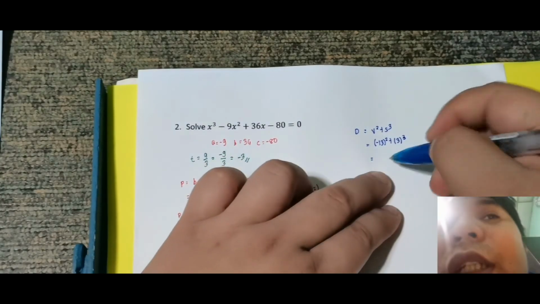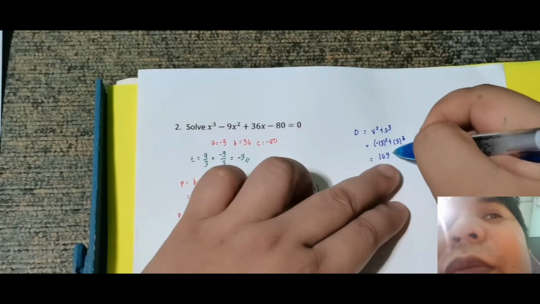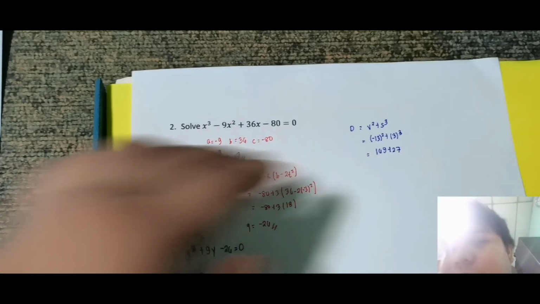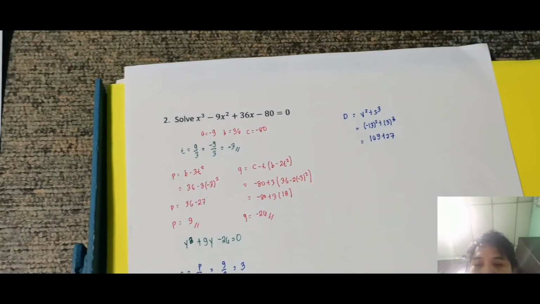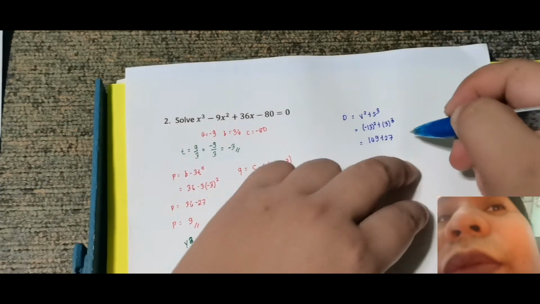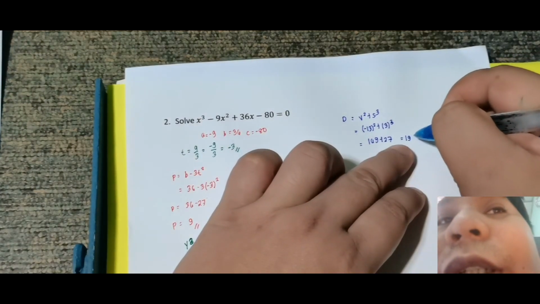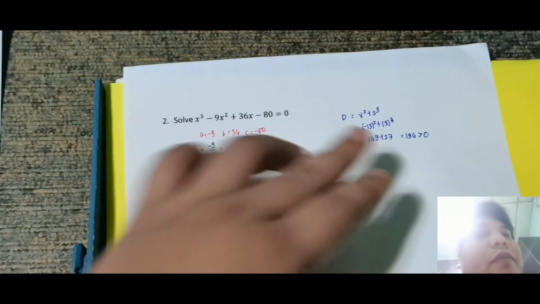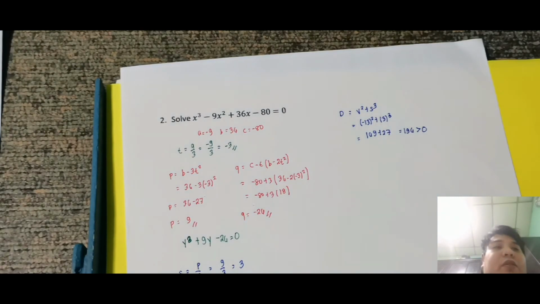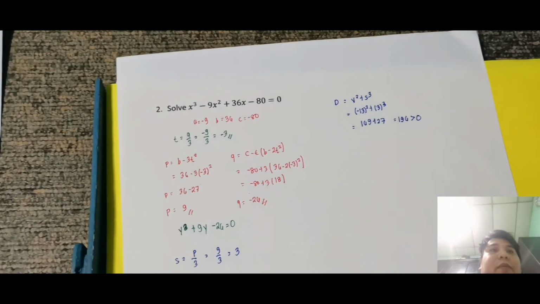That is 169 plus 27. So hoping na tama yung pagkakasolve ni sir. That's 196. So D is 196, which is greater than 0. So expected natin may 1 real root, tapos dalawa na siyang imaginary.